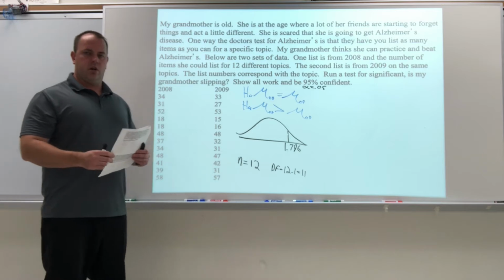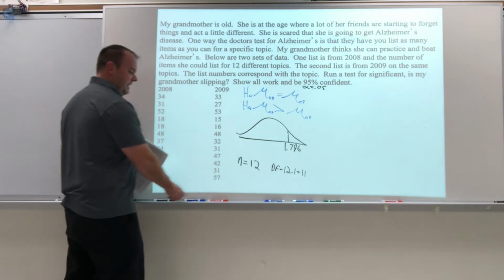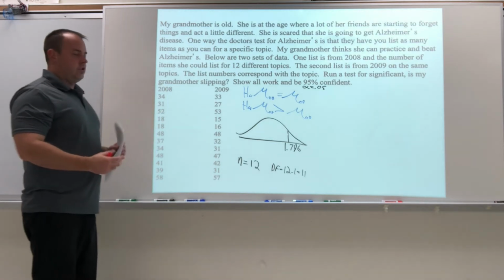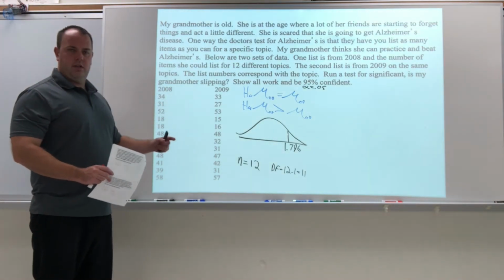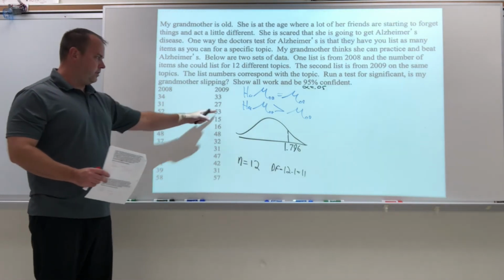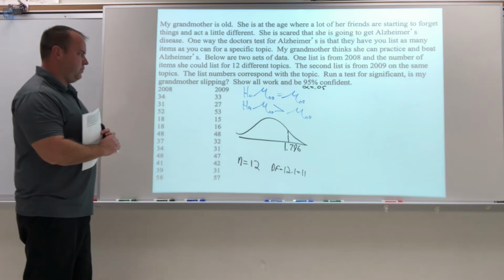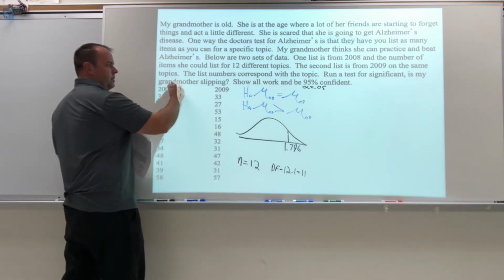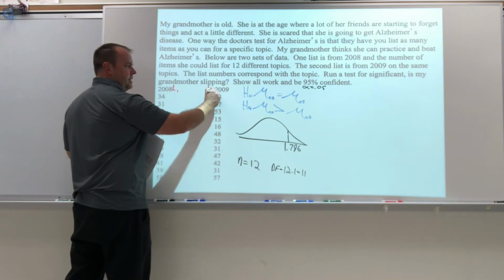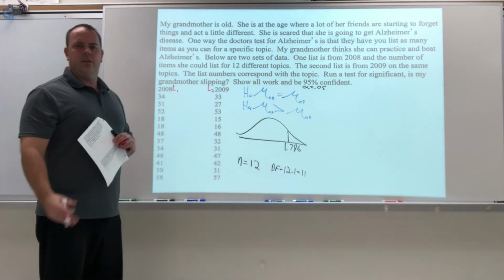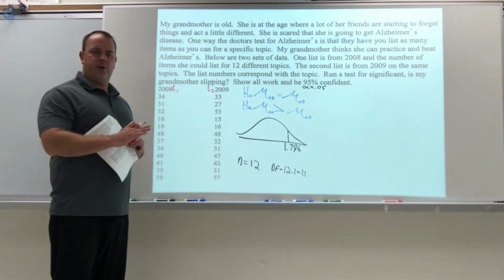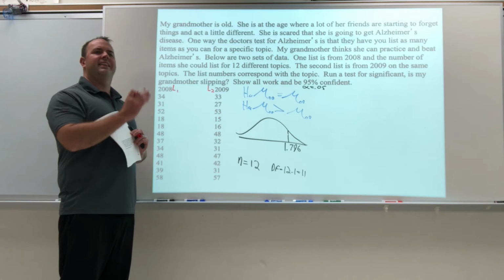Now we have to go get our test statistic. And we're going to be using the list of data. We need to find the difference between the two lists. So you could go ahead and subtract each one of these. Take your time, 34 minus 33, 31 minus 27, 52 minus 53. A fast way to do this is if you plug the 2008 list into L1, the 2009 list into L2, and let the calculator do the subtraction for you, and store that list into a third list, and that list will be the difference.